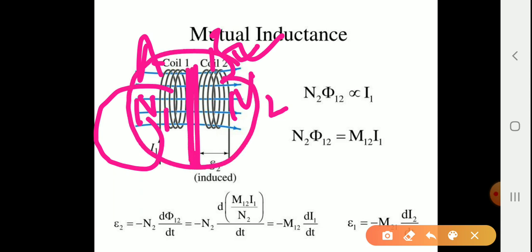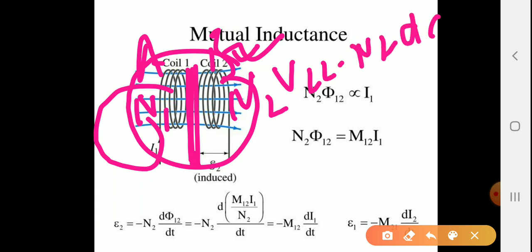The voltage of mutual inductance in coil B is given by V2 equal to minus N2 d phi 12 upon dt.